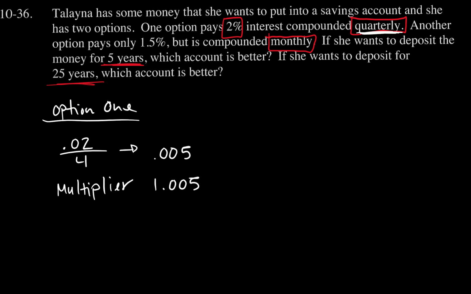Now, there's one other thing that has to change. They do not talk about the amount of money, right? She says if she wants to deposit the money. She has some money, and they're not telling me an amount. And the truth is, it doesn't matter what the amount is. It could be $10, it could be $1,000.